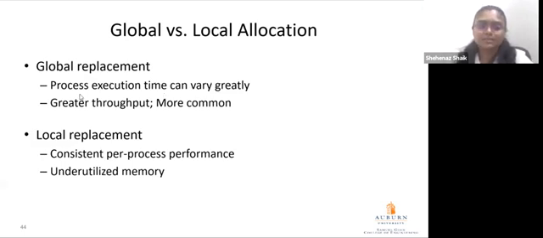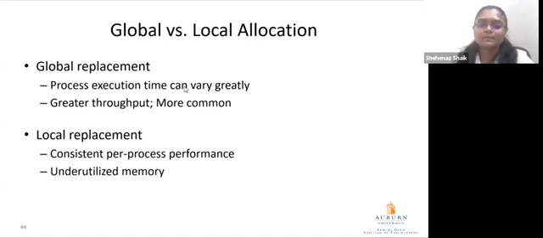For that reason, the overall runtime of the process may be impacted not just by the page references made by the process itself, but by the set of processes which are currently running on the same system.